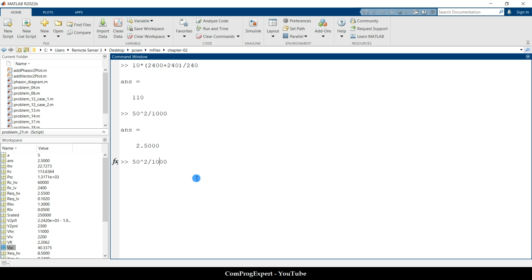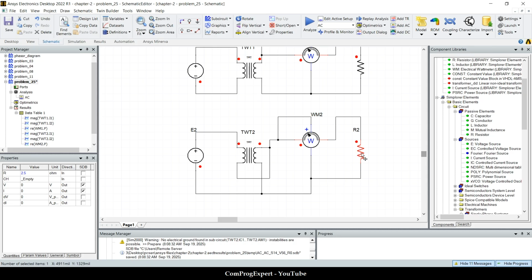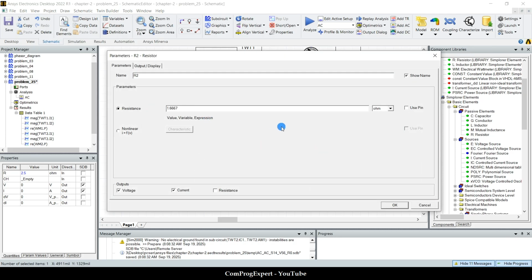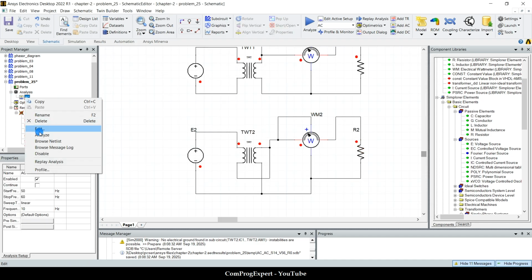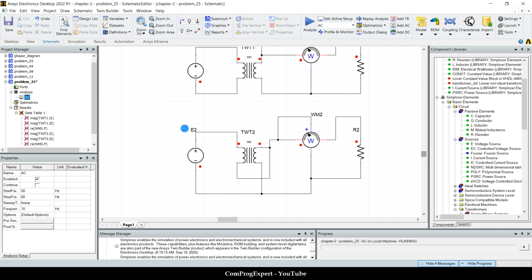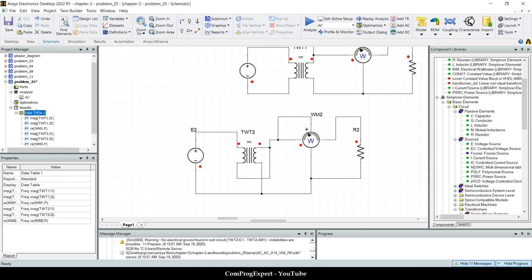In this case, how can we get 1.5 kilowatt power? If we set the value of the resistance equal to 1.66, this one, and let's rerun the analysis so we can check the numbers.